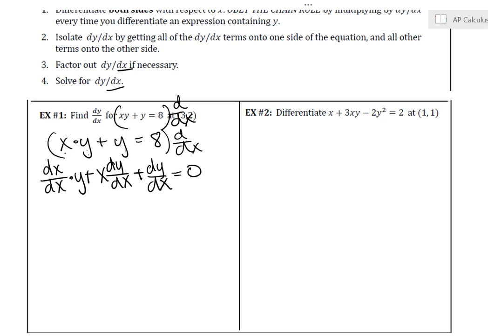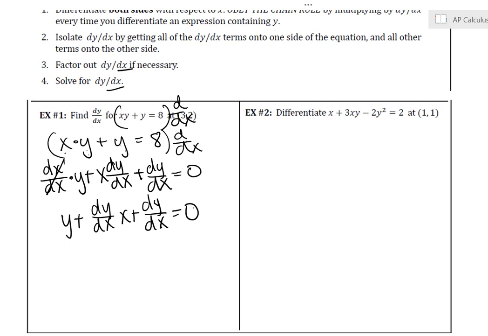Now we can simplify. We know the derivative of x is 1. So remember, you don't even really have to show that. So we have y plus x dy over dx plus dy over dx equals 0. And we're going to try to get this in a way where we're isolating those dy over dx terms.